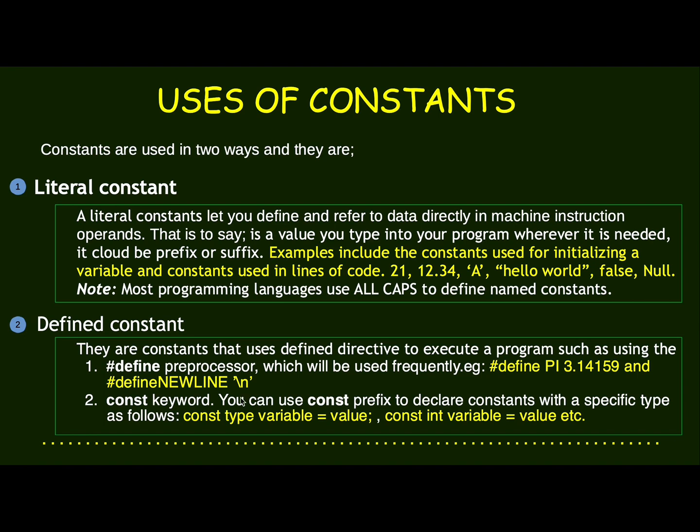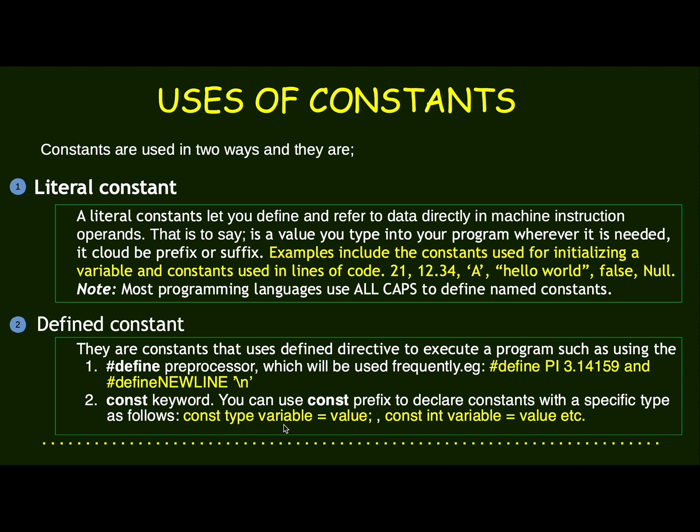Then two, you can also define constants with the const keyword. You can use the const prefix to declare constants with a specific type as follows: const type variable equals value. This type here is a keyword, but you are using const to say that this will always be constant in the program.